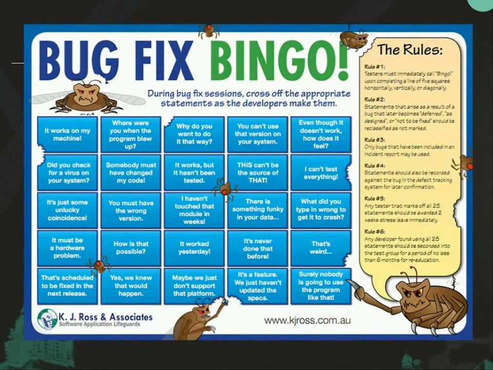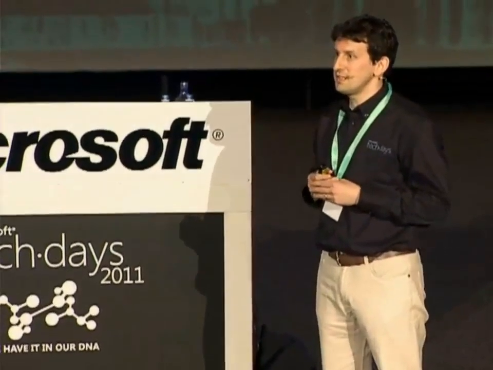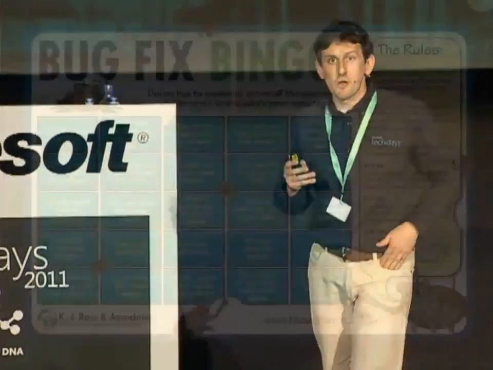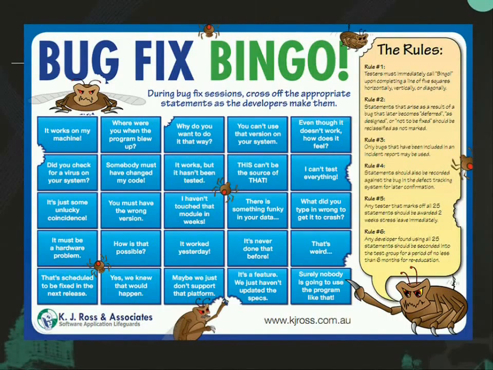So this brings me to the bug fix bingo game. Bug fix bingo is a fun testing game based on the traditional bingo game, yet with a software testing twist. So instead of using numbers, participants use statements from developers in defect review meetings.